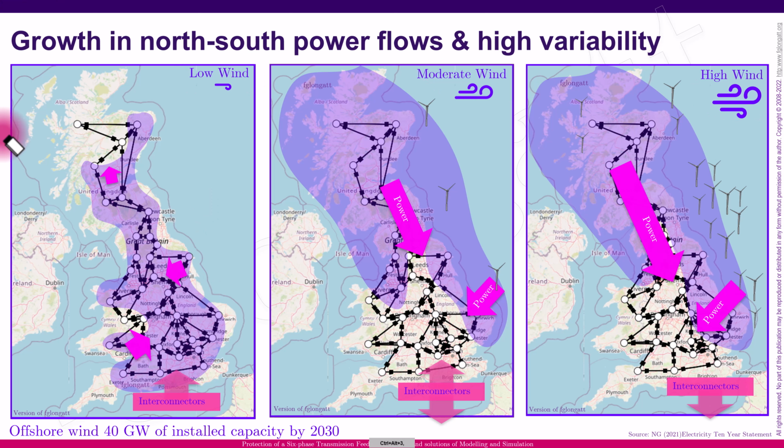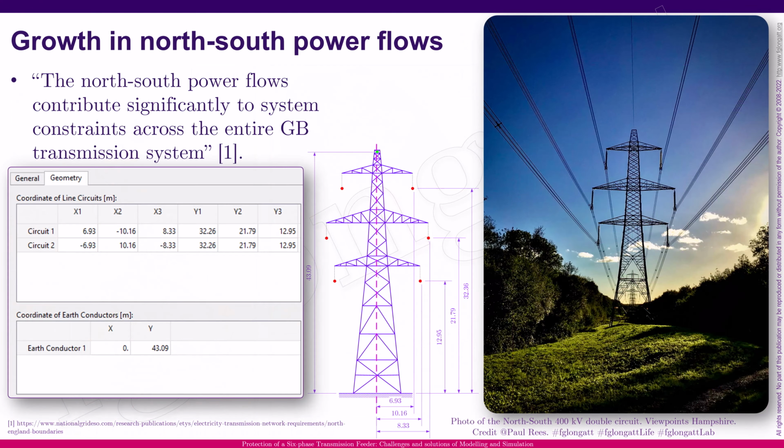As I said before, in the UK there are some 400 kV transmission lines, especially double circuit transmission lines, that are moving the power flow from the north to the south. What is interesting for us is that the large amount of new generation, basically coming from renewables in Scotland and the north, can cause overloading in the northern transmission system.